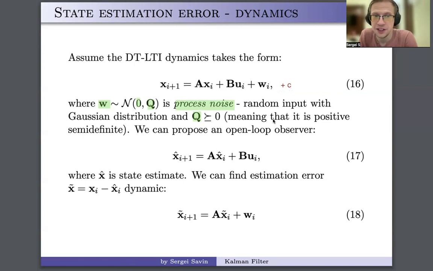So if c is the mean of w, we can subtract it from w and get a 0-mean process, but c would be just an added constant.